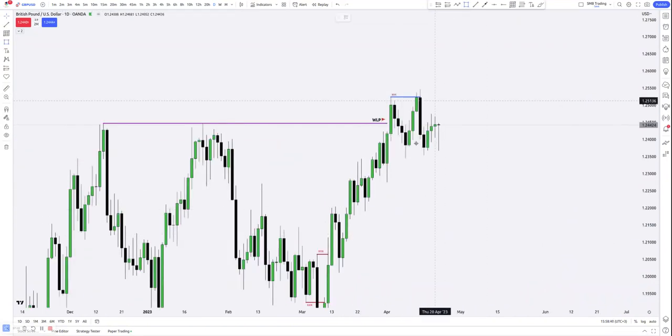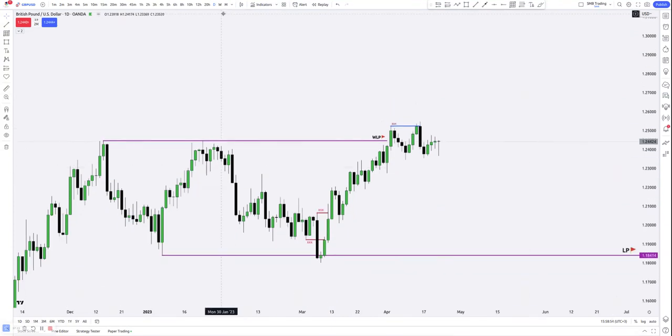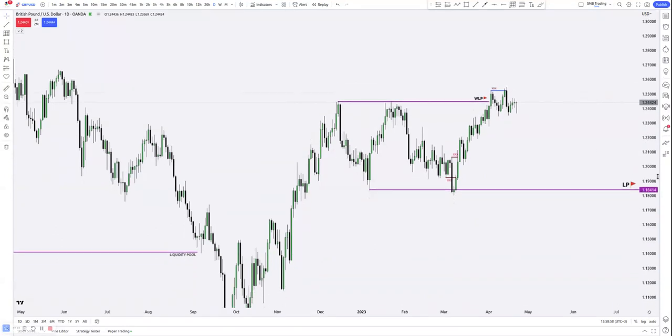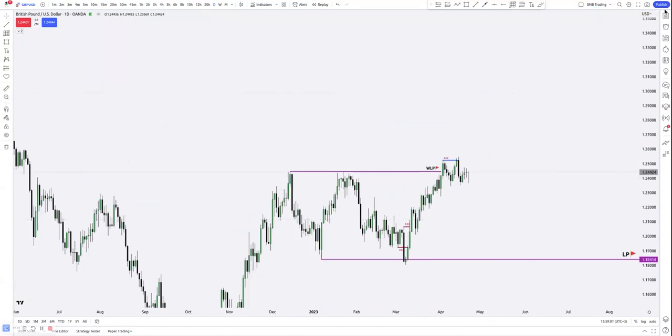As long as price is still held up in this structure, price is still bullish. Once it's broken, then I will start anticipating price to go lower, and then look for the next pool of liquidity that price is going to attack.